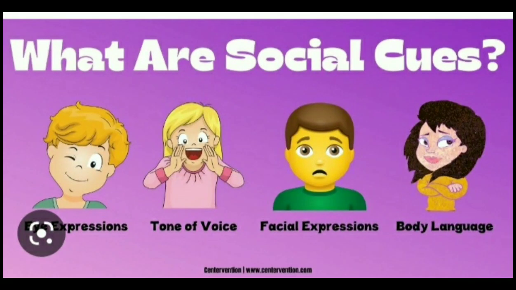It includes the use of social cues, kinesics, distance, and physical environments or appearance, voice and touch, and even our scent. So basically, social cues are eye expression, tone of voice, facial expression, and body language.